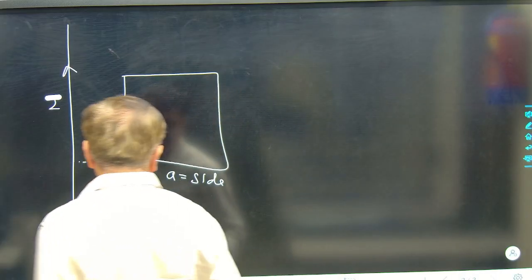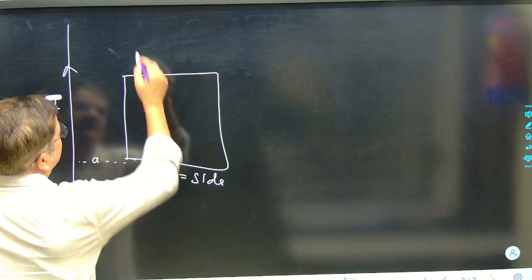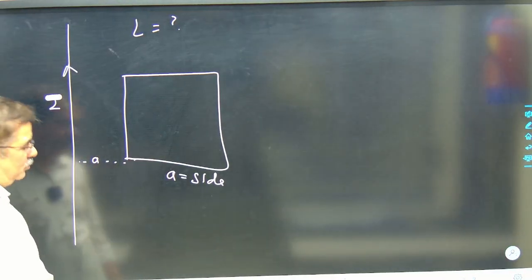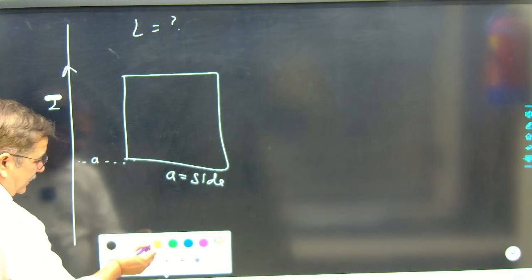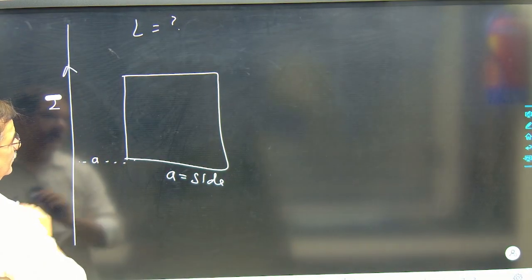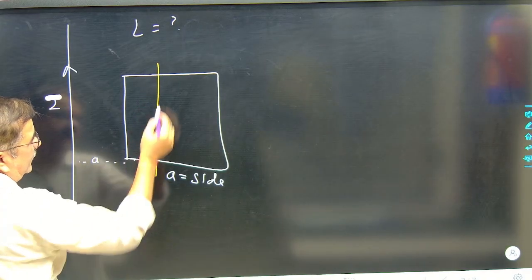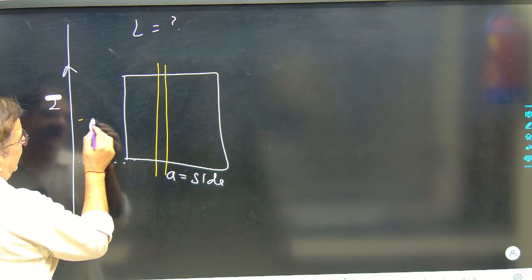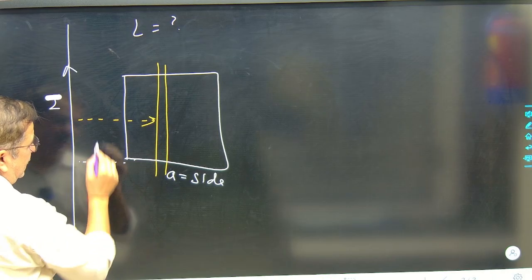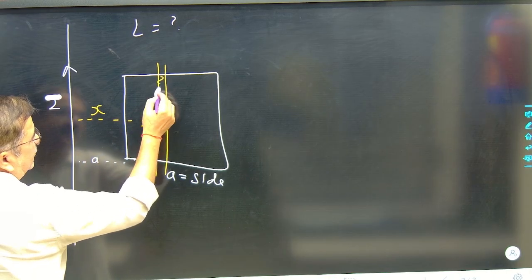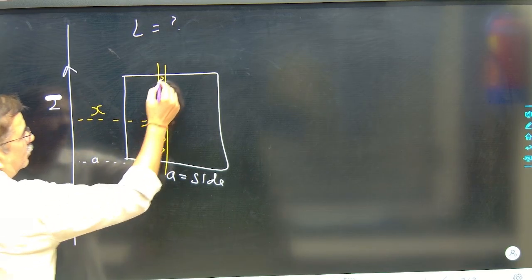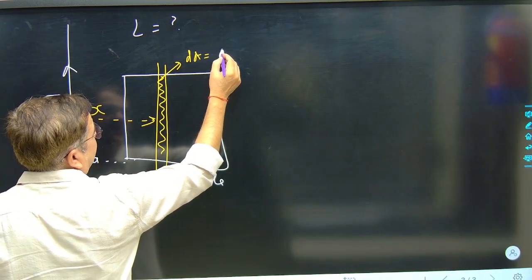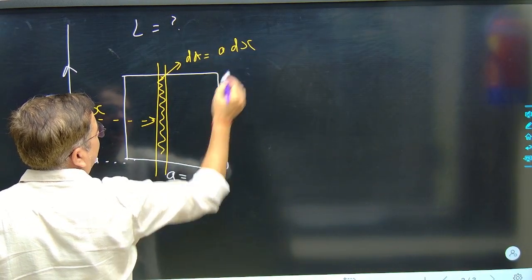How do we see this? First of all I need to find the flux associated with the loop. To get the flux, I take the magnetic field through the square loop, which changes with distance x. Take a small strip at distance x with extension dx. The small area dA is A into dx, since it is a square loop.